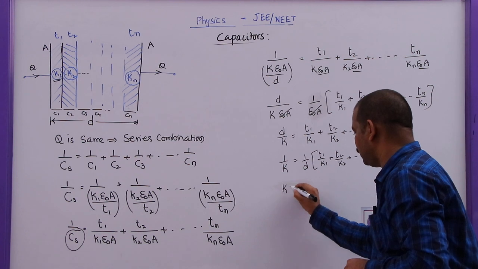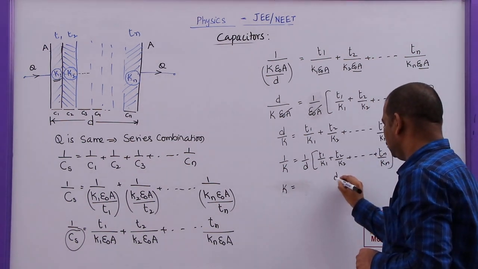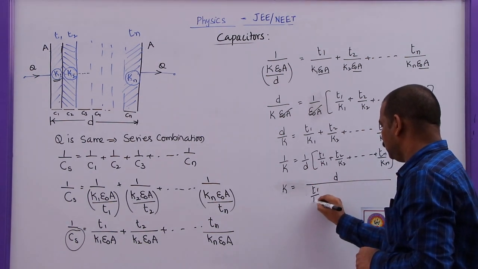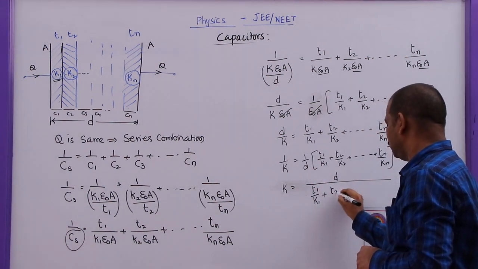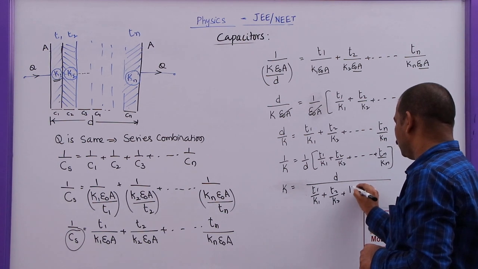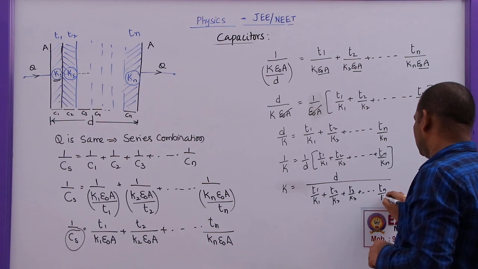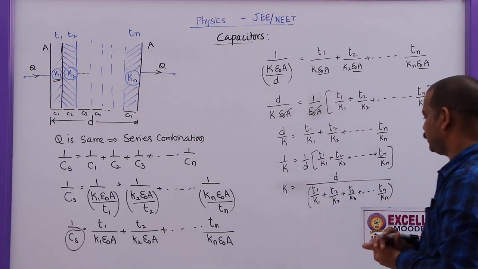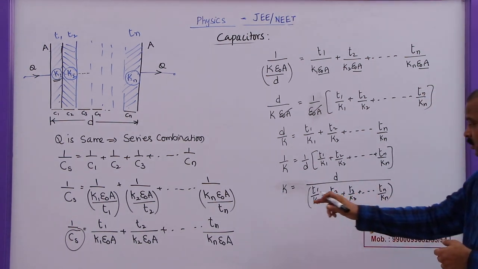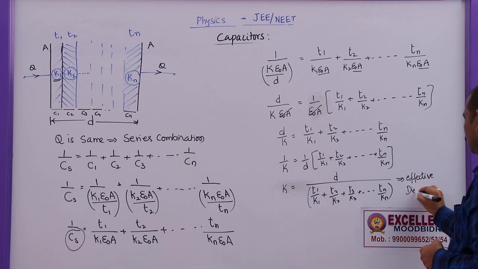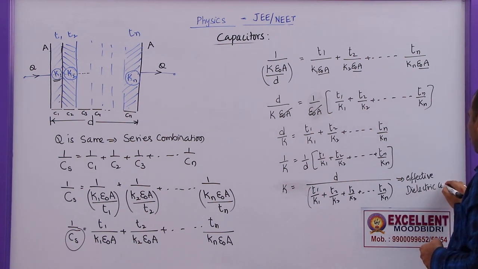Here k can be written as d by T1 by K1 plus T2 by K2 plus T3 by K3 and so on, Tn by Kn. So, this is the effective dielectric constant of this combination.